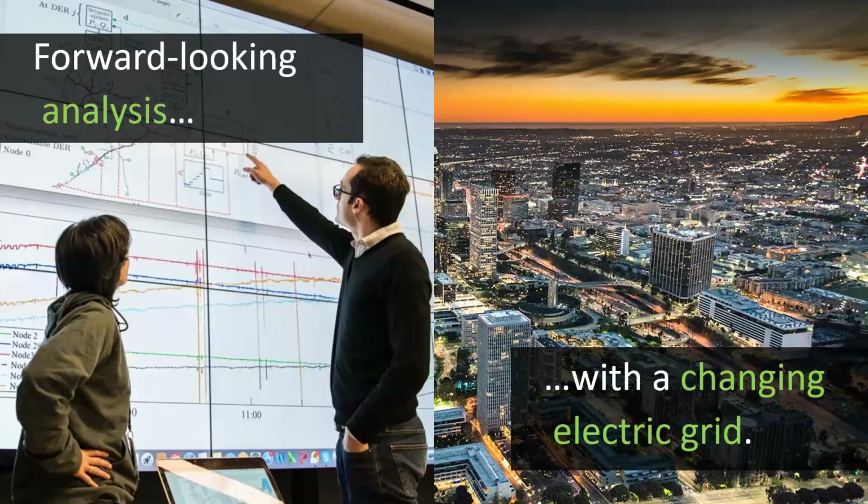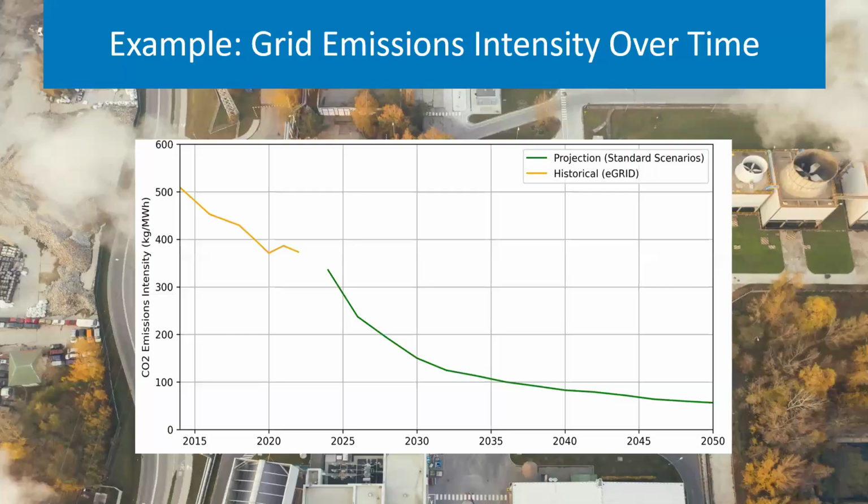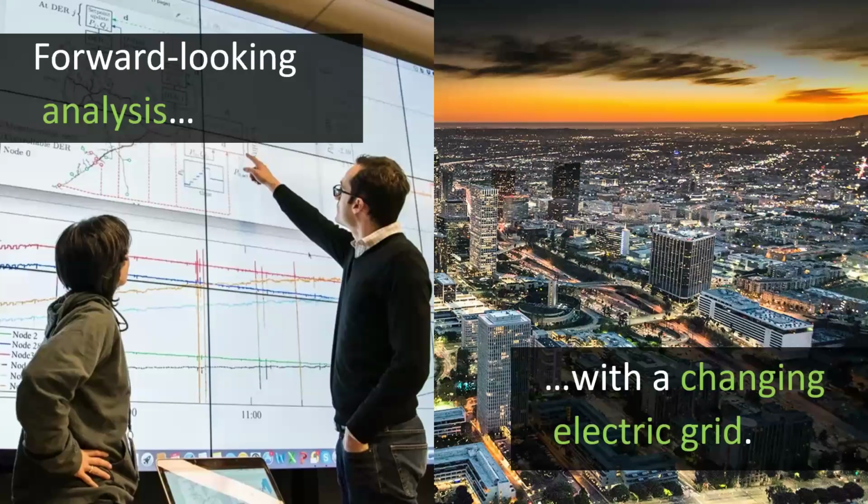So, context, take a step back. Why are we here? What are we trying to solve with this Cambium dataset? So many people, hopefully many of you in the audience, are interested in performing forward-looking analyses of decisions that either impact the electric grid or are impacted by the electric grid.